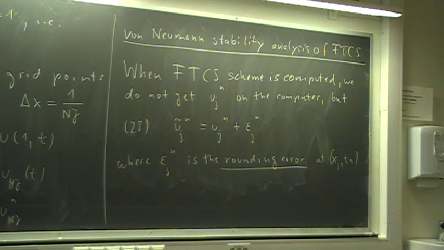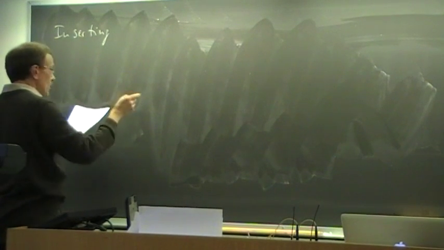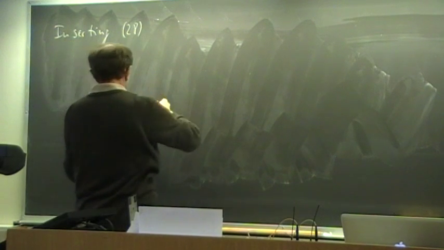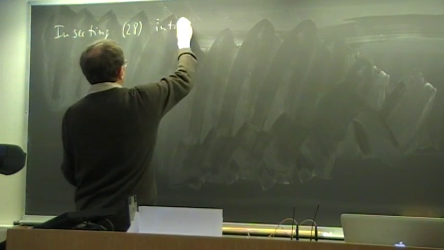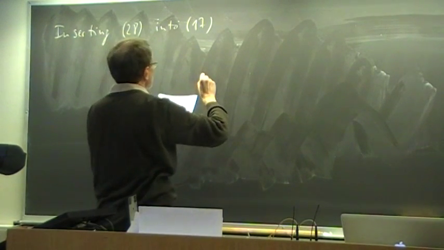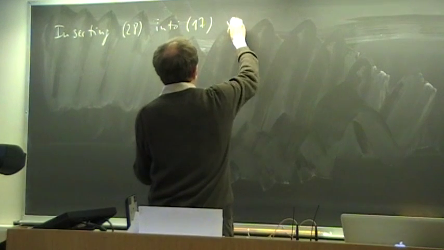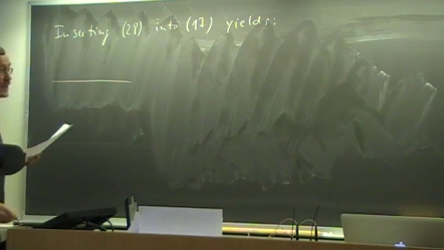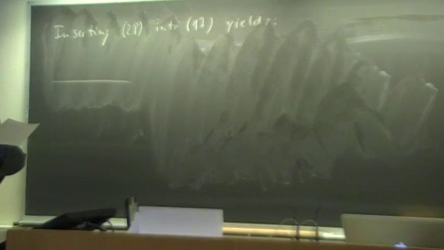So let's see. So we insert now what we get on the computer into our forward time-centered space scheme. And that yields the following. So then we replace what we had there originally by the uj tilde. So that is what we have on the computer.